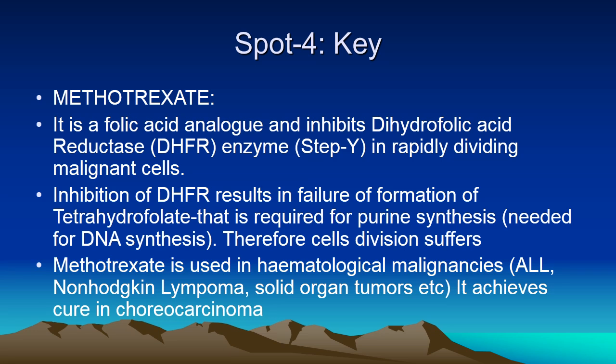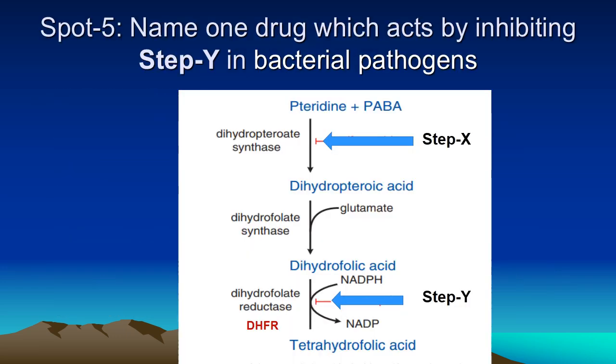Inhibition of dihydrofolate reductase results in failure of formation of the biologically active form needed for purine and DNA synthesis. Therefore, cell division suffers. We know methotrexate is used in hematological malignancies like acute lymphoblastic leukemia, non-Hodgkin lymphoma, solid organ tumors, and it is a drug of choice for choriocarcinoma.